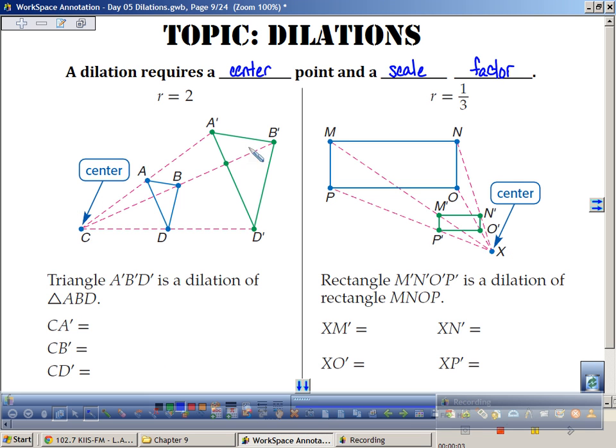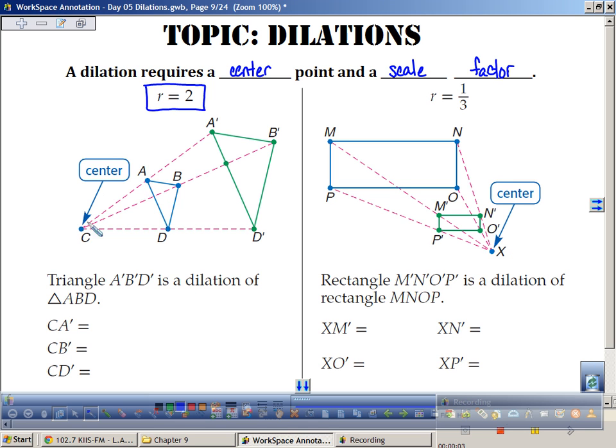All right, so this figure right here is showing you, this is your preimage, this is your image after a scale factor of 2 at center C. So what this means is that from C to A is a distance, correct?